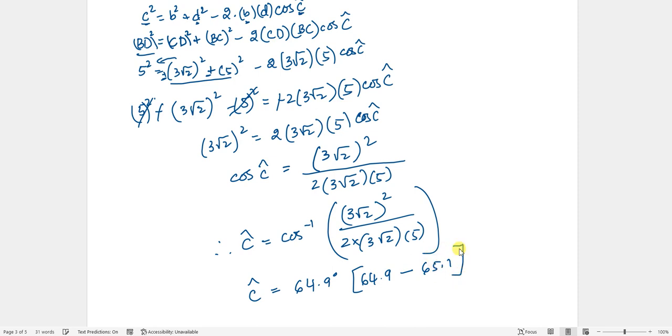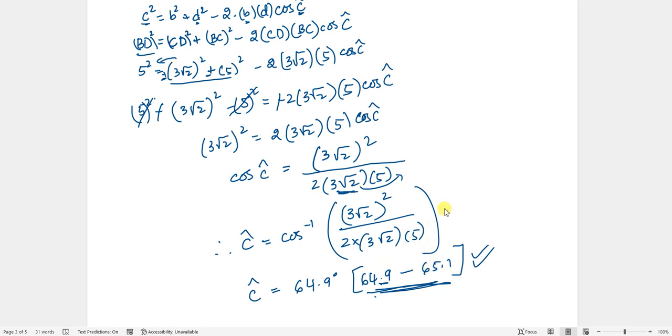So if you get your answer between this, 64.9 or 65 or 65.1, I think the answer is correct, because this answer totally depends on this value. If you have taken the entire value, you are going to get this. If you have rounded somewhere, you will get something more or less.